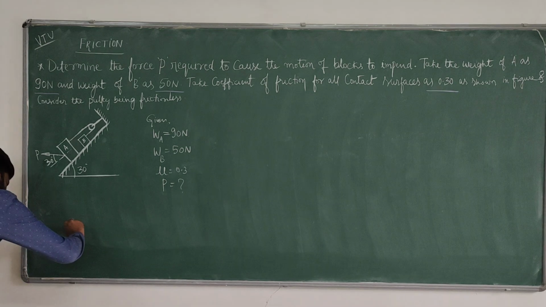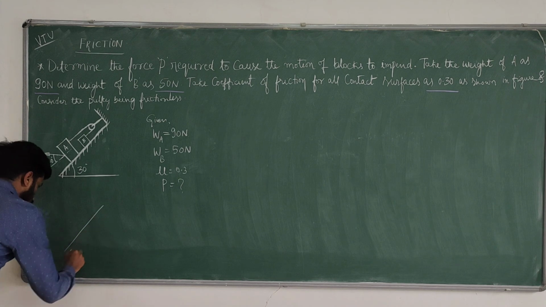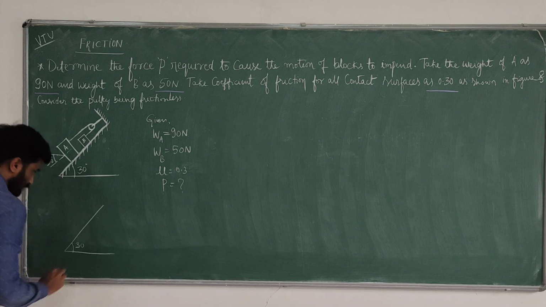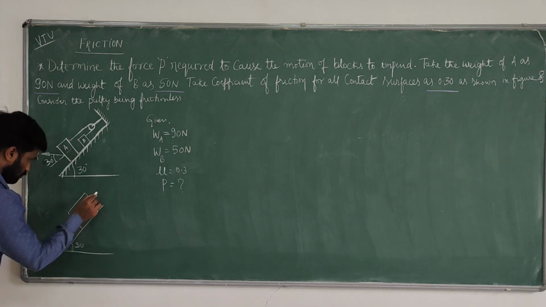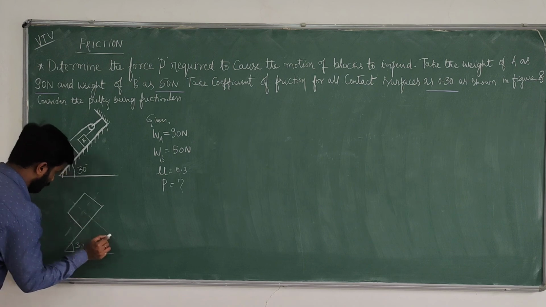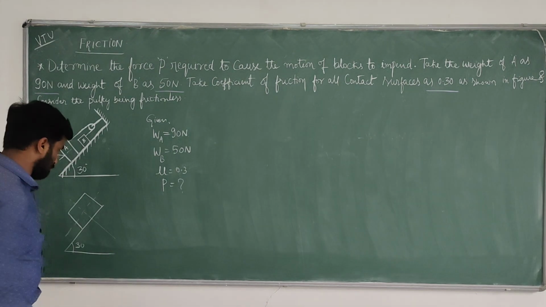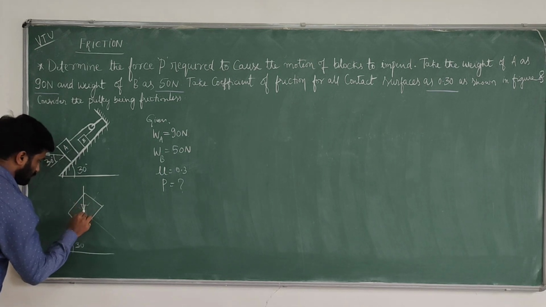If we are writing the free body diagram, we just observe. This is the inclined plane. The angle is 30 degrees. Here the block A is having, from the principle of the angle of repose concept, the weight of A acting at the CG.